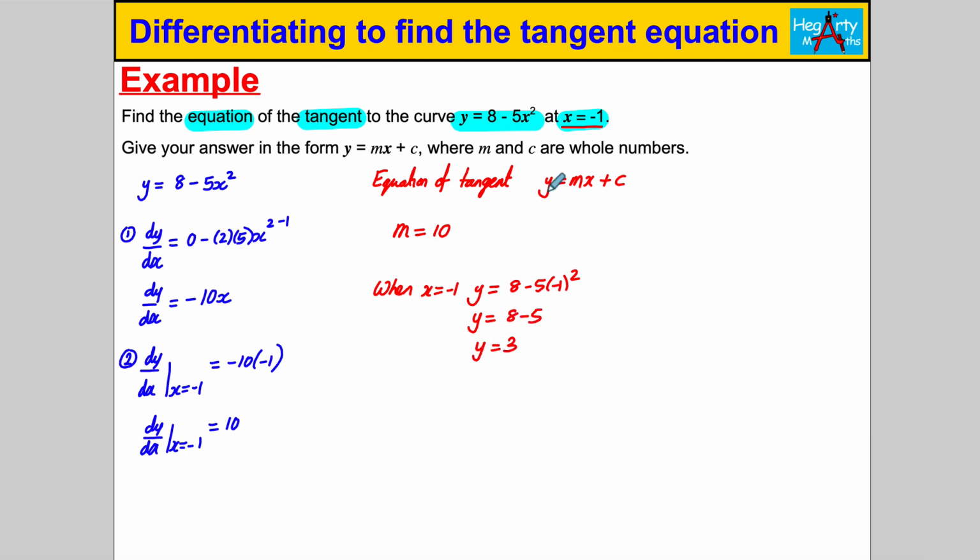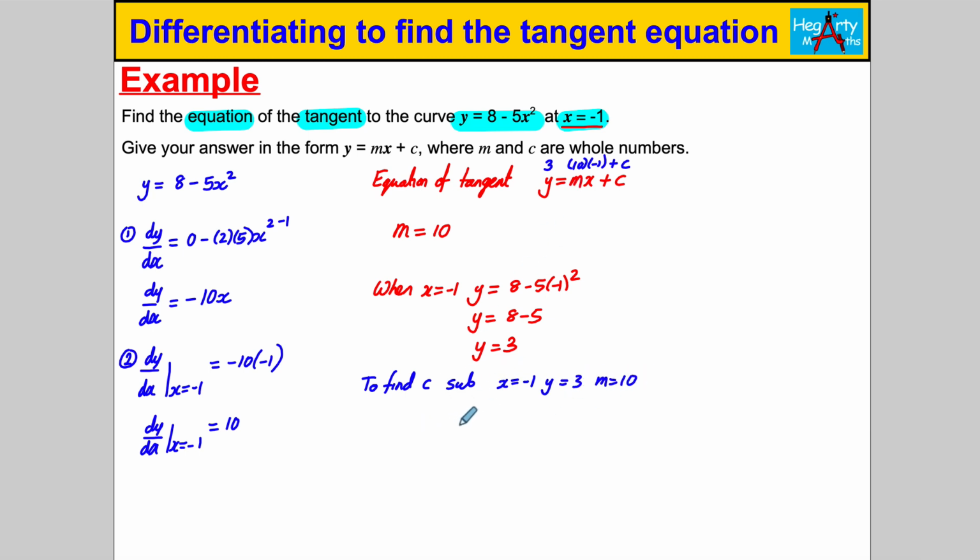So y would be equal to 8 subtract 5, so y would be equal to 3. So what have we got in this here? We've got a y value of 3. We've got an m value of 10. We've got an x value of negative 1. And that will allow us to work out c. So let's do that. To find c, substitute x equals negative 1, y equals 3, m equals 10.